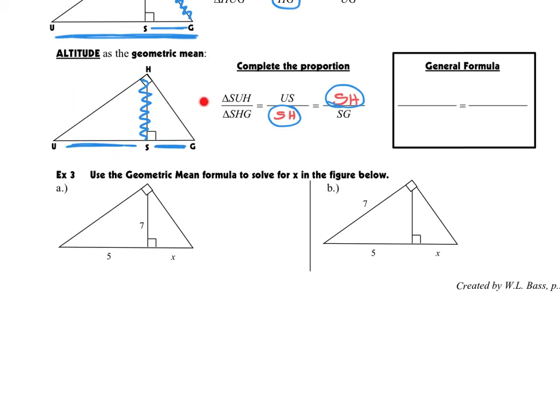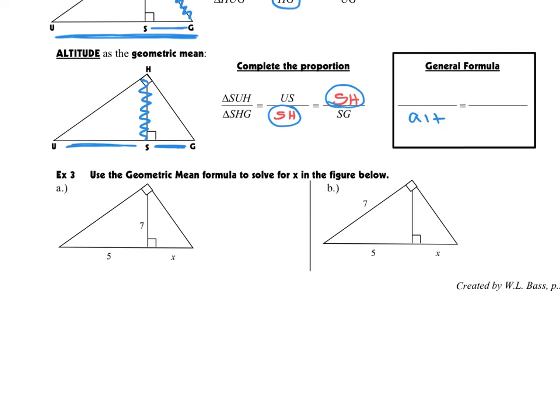Again, if you have a big right triangle and an altitude drawn from the right angle, this pattern will always hold true. In general, we can describe that as an altitude, okay, and we're talking about that altitude drawn from the right angle. You're going to have to just get comfortable and maybe even think of it as your own language.